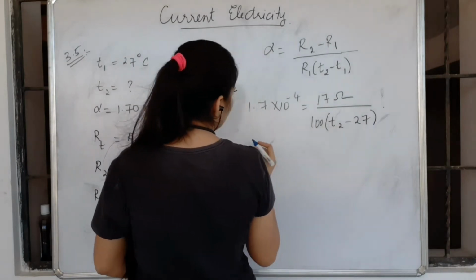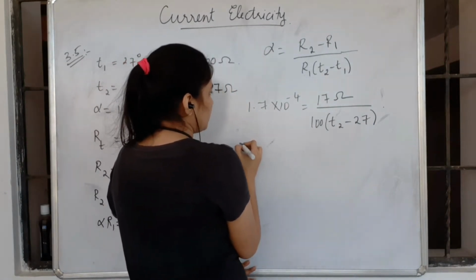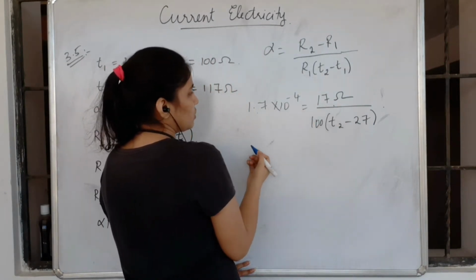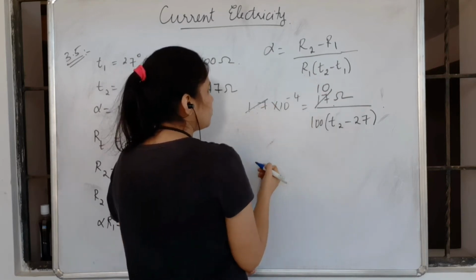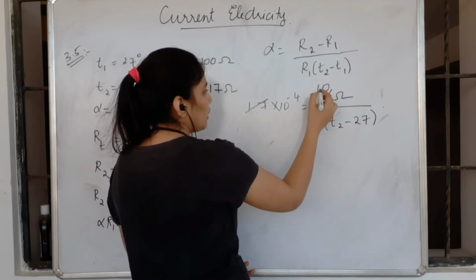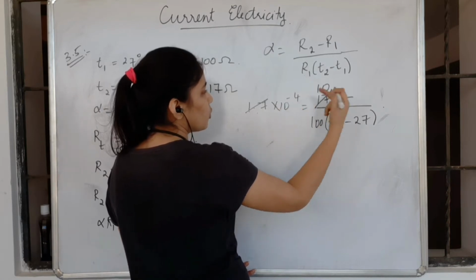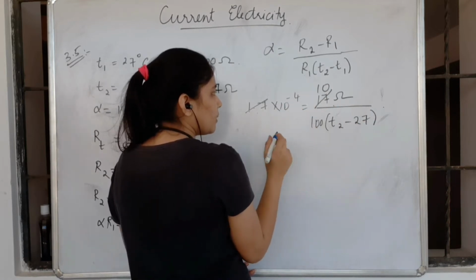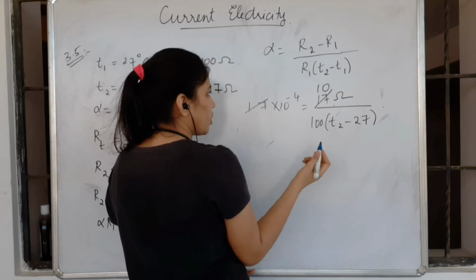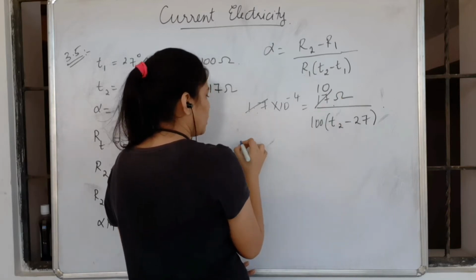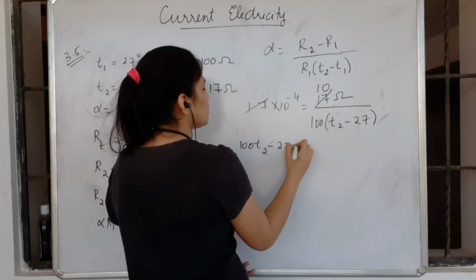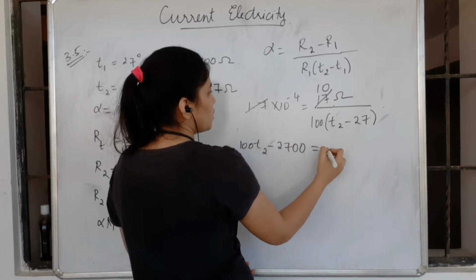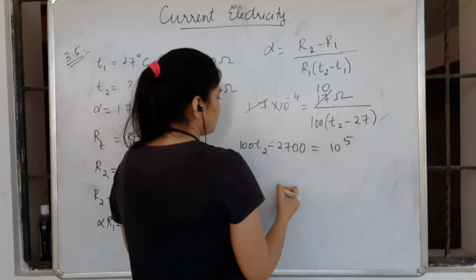So if we solve this, what will we get? So 17 and 17, we can cancel this out. And this 10 power minus 4 can be brought to that side, so it will become 10 power plus 4. Alright, so there you will get 10 power 5. So 100 into T2 minus 2700 is equal to 10 to the power of 5.